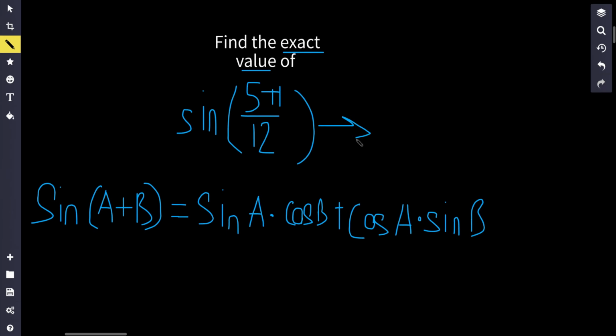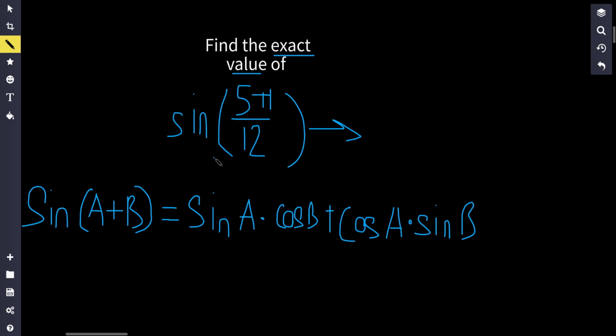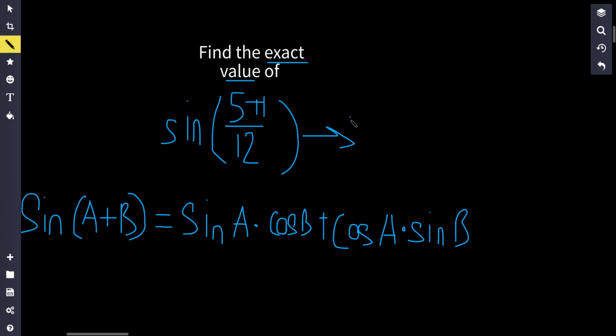So how can we use this formula to solve this problem? Well, let's rewrite sine of 5 pi over 12. I can rewrite this as sine of 3 pi over 12 plus 2 pi over 12.